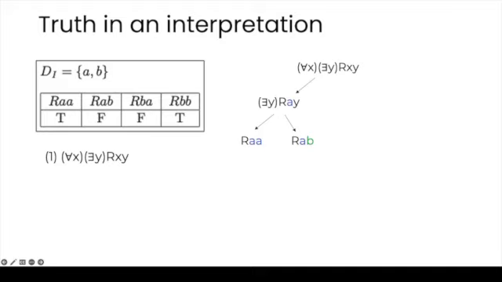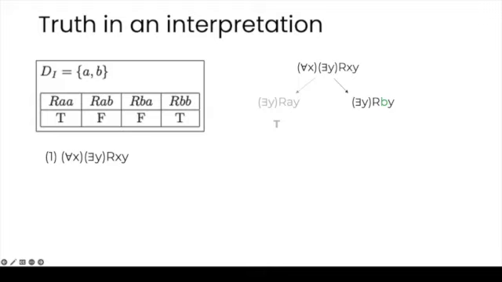One when we substitute y with a, and another one in which we substituted with b. Okay, are they true or false? Well, the answers are in the chart to the left. Raa is true, and Rab is false. So we can see that at least one of its substitution instances is true, namely Raa. That's what makes it true. So the existential sentence itself is true in I. So the first substitution instance is true.